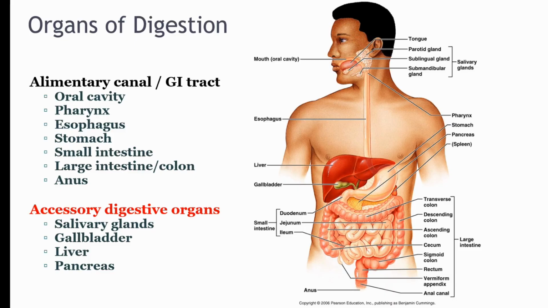In lab 8, our objectives are to identify structures in the GI tract as well as the accessory organs, and then identify enzymes secreted by the salivary gland and how that begins digestion of starch. That part will be next week. But this week, we'll look at more the physical part of things, the process of mastication, chewing, and how that helps with digestion.